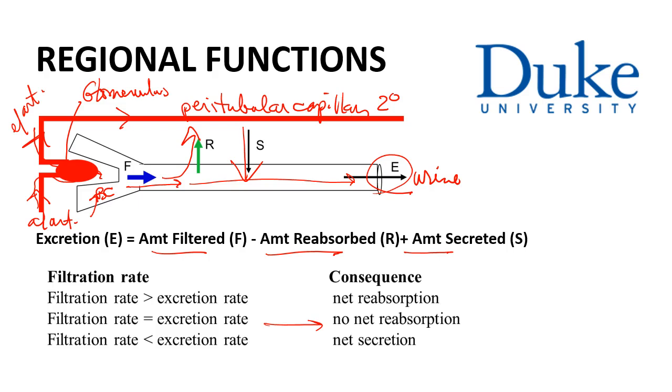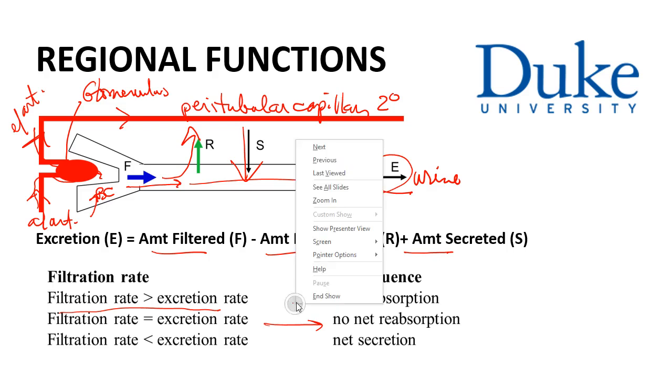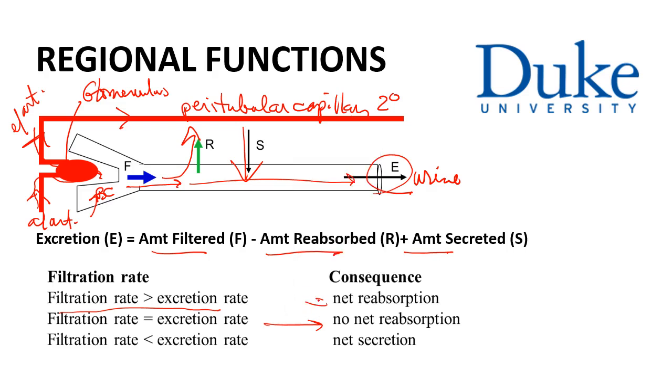So if the filtration rate is equal to the excretion rate for a given substance, then there's no net reabsorption and no net secretion. If the filtration rate exceeds the excretion rate for a substance, then we have a net reabsorption. And if the filtration rate is less than the excretion rate, then we have a net secretion.